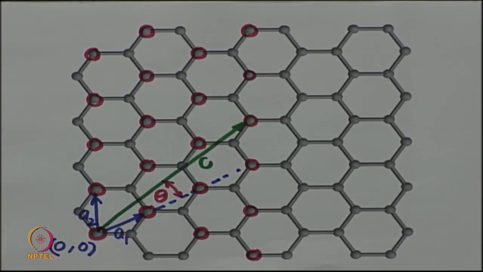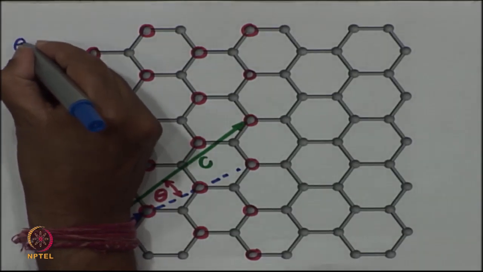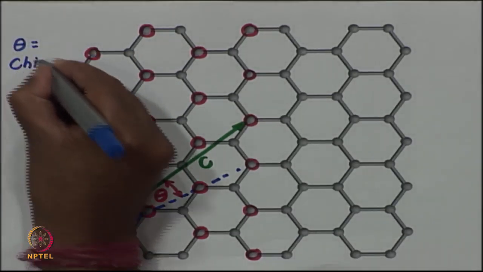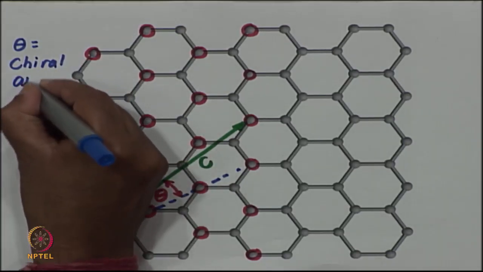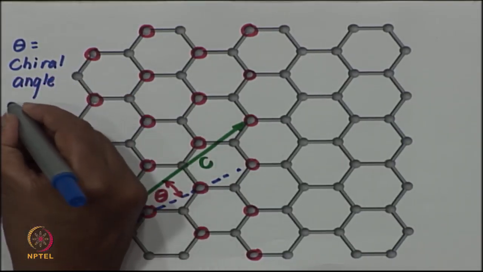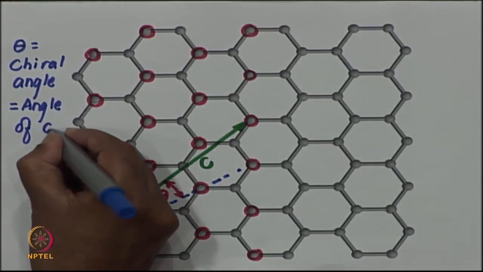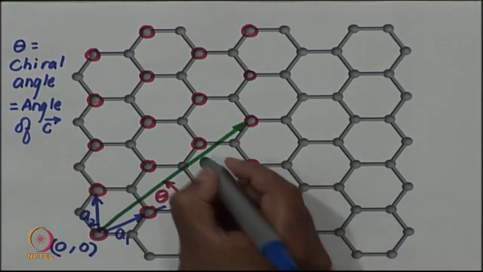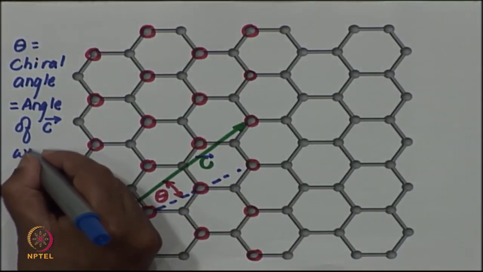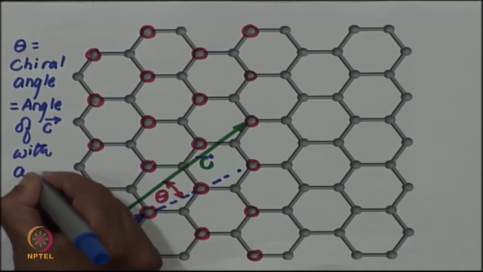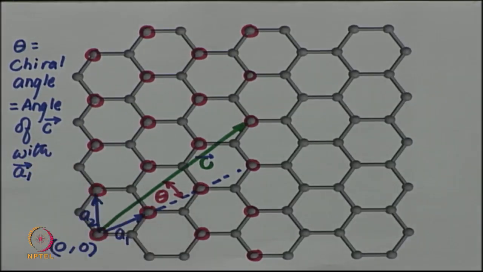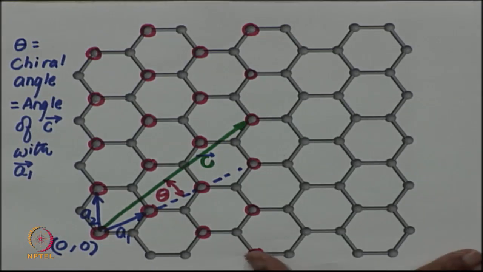So, the angle of the chiral vector C with A1 is known as the chiral angle.